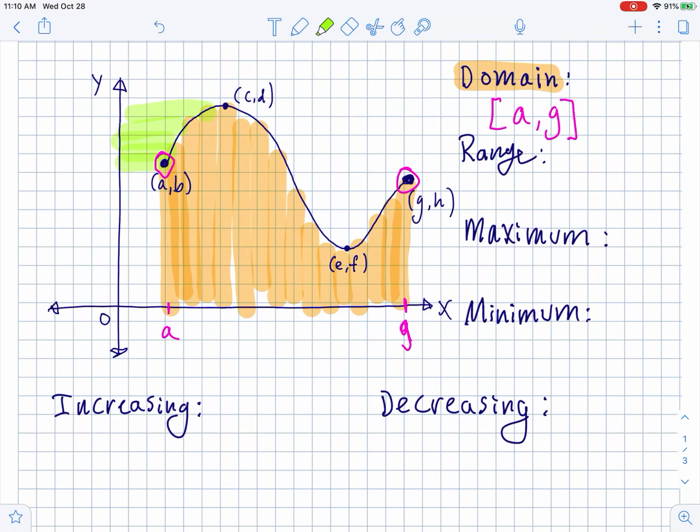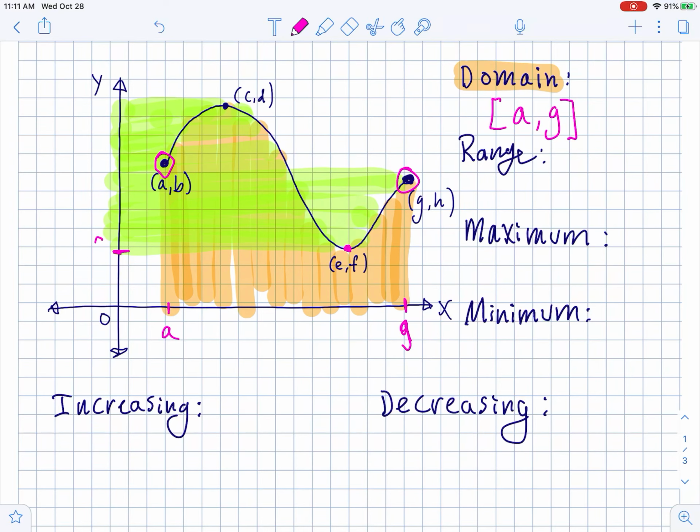I see here that it starts with a y value of B, but then it goes up and up and up all the way to point D on the y-axis, and then it comes back down and hits F and then goes back up all the way to H. Now, these in-between points don't really matter too much. All we care about is the top, very tippy top and the very tippy bottom. Tippy bottom, is that a phrase? I don't think it is.